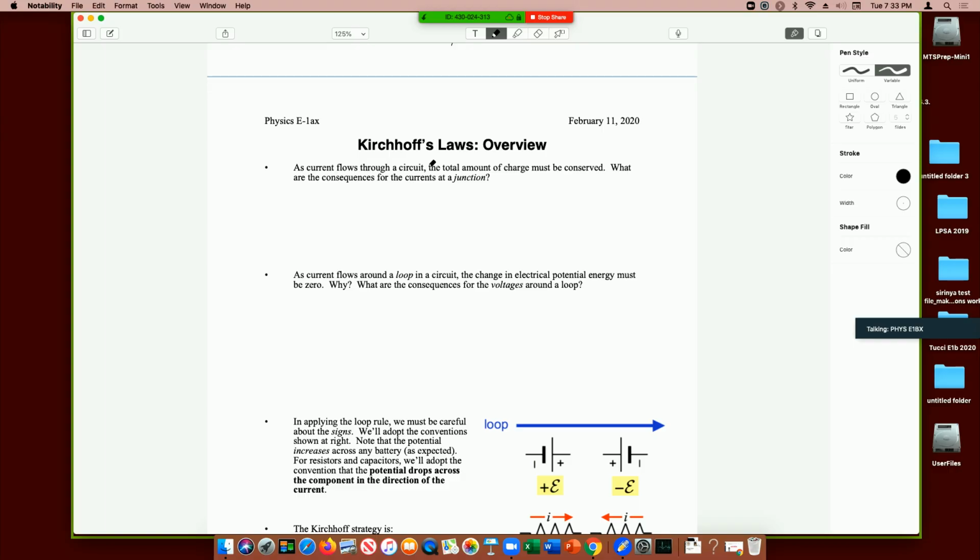Okay, so we have to talk about something called a junction. So let me draw for you what a junction is. A junction is basically whenever you have three or more wires coming together.